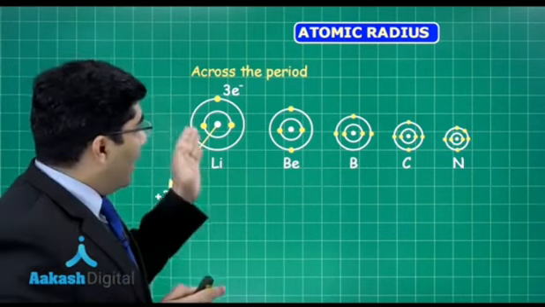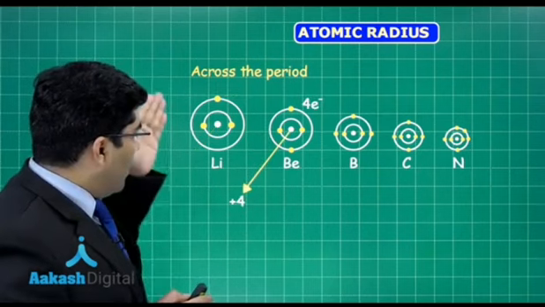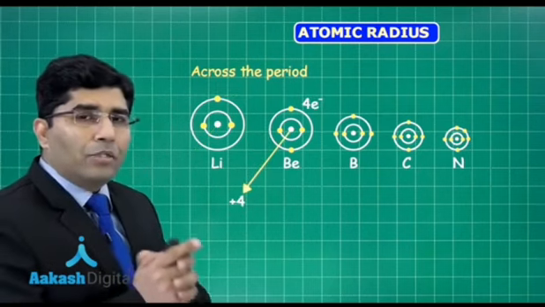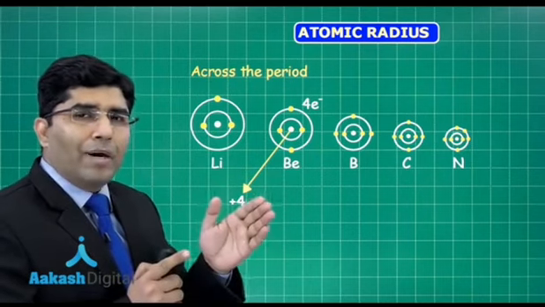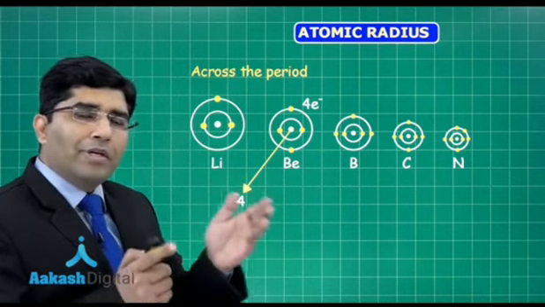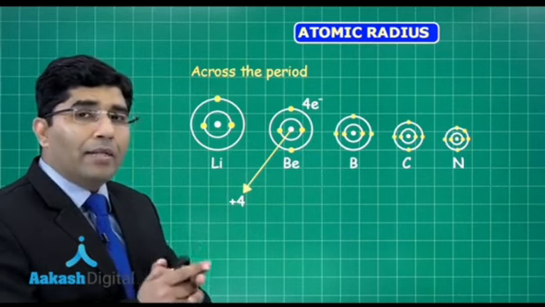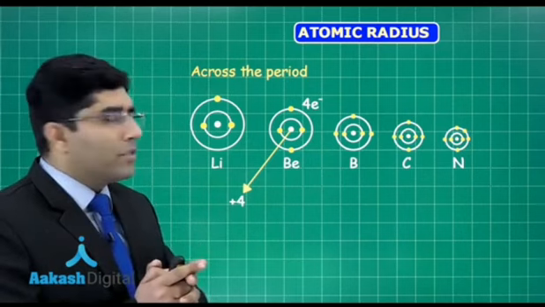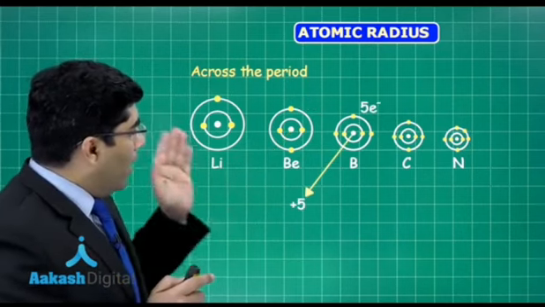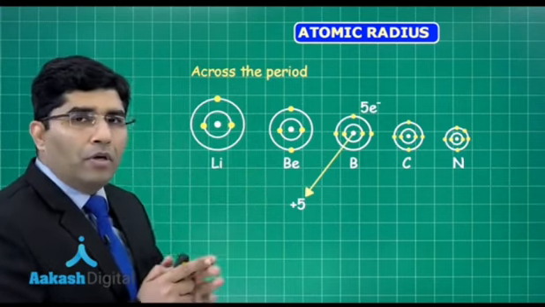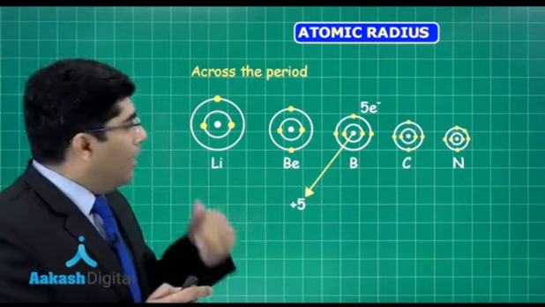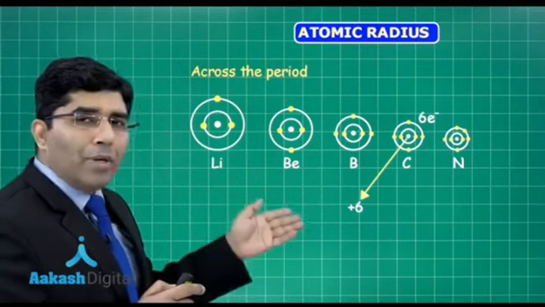In the case of beryllium, the nuclear charge is +4 and the total number of electrons is 4, that is charge is -4. So 4 into 4 is 16, and 16 is bigger than 9. We all know this. If you go to boron, again the nuclear charge is increasing and the number of electrons is also increasing. In carbon it is +6 and -6.